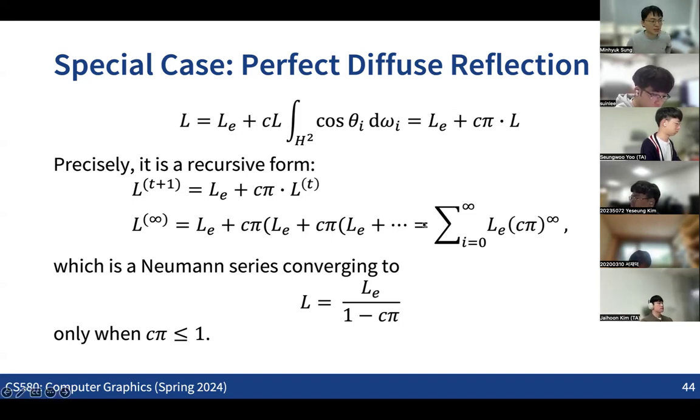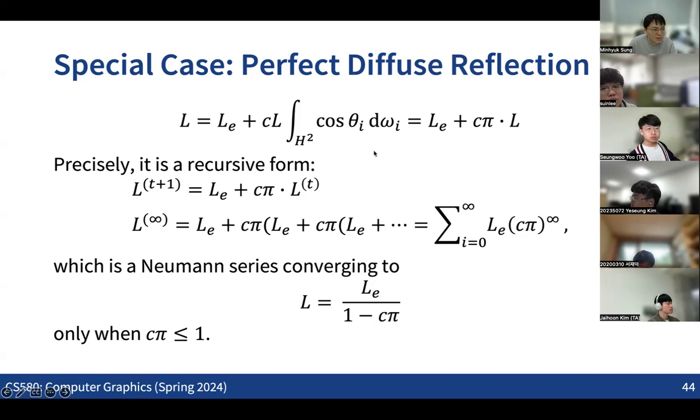This is the form of the Neumann series, which takes the sum of this term. This series only converges to a finite number when the term, c times pi, is one or less than one. Otherwise, it will explode.